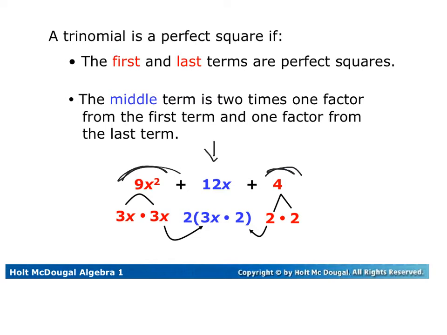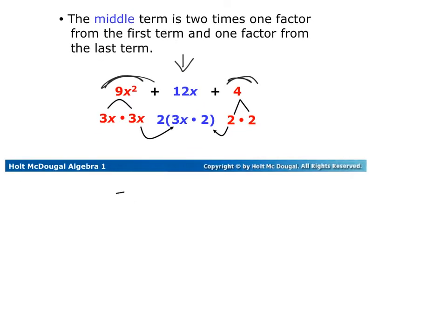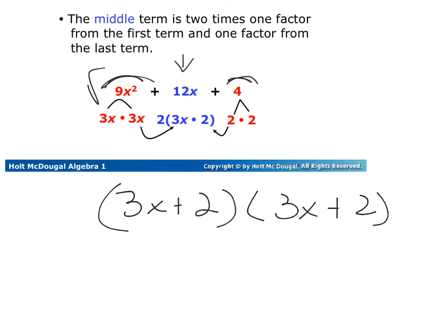The middle one will not be a perfect square. So notice if you do square root 9, you get 3, and if you square root 4, you get 2. This will take you right into your answer. It's going to be a binomial squared. So if you square root the 9, square root the 4, that gives you your factors.